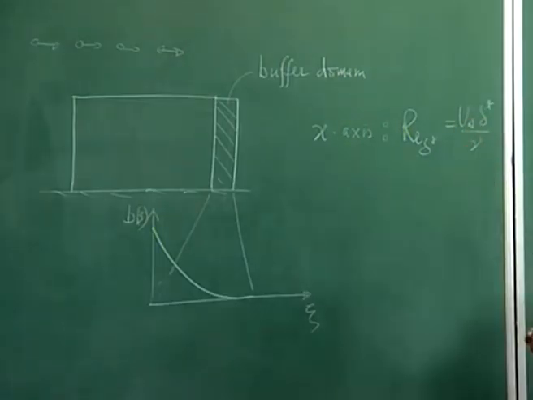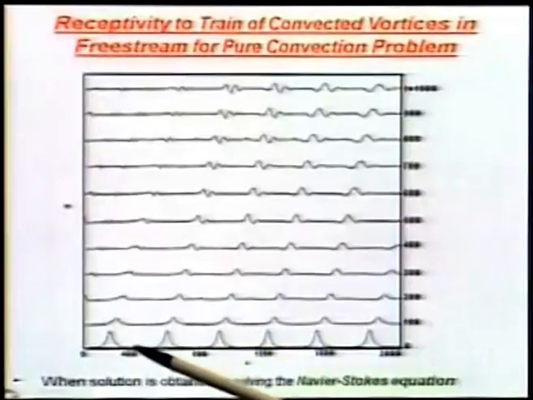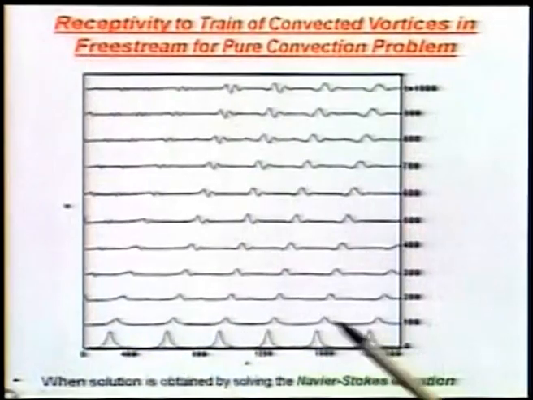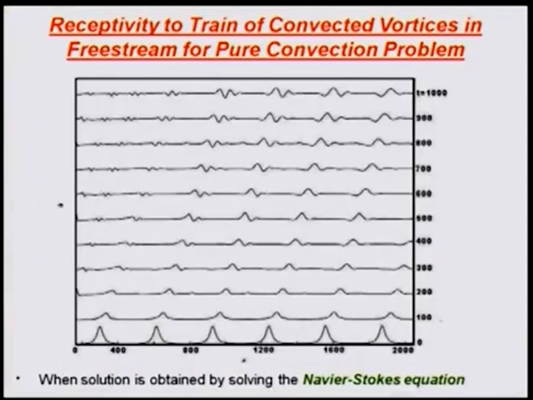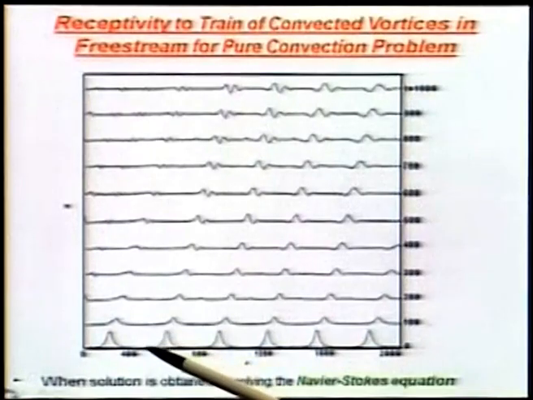We have computed in a domain which probably starts off around 160 or so and goes on till 2000 RE delta star. What do we know about this axis? We know that pure monochromatic TS waves, unstable waves, will not be created below 520.